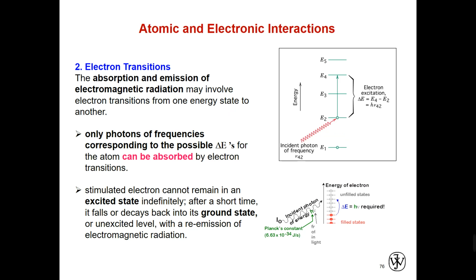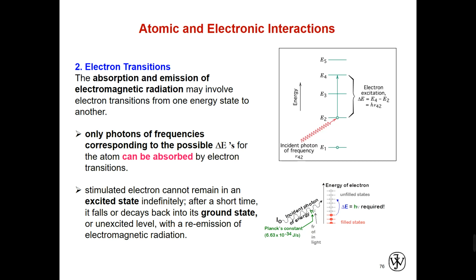And for the second one, we have electron transitions. The absorption and emission of electromagnetic radiation may involve electron transitions from one energy state to another. Only photons of frequencies corresponding to the possible delta E's for the atom can be absorbed by electron transitions. So there will be changes in the electron transition or electron excitation.